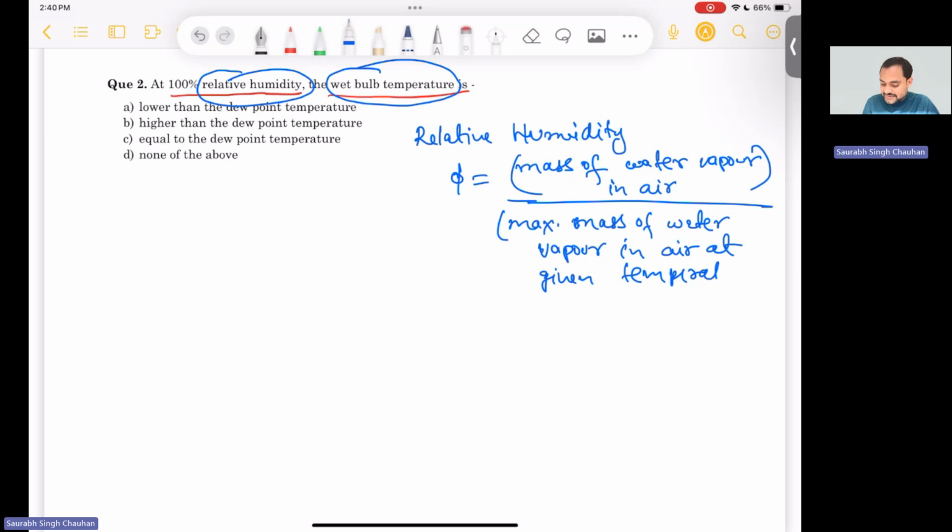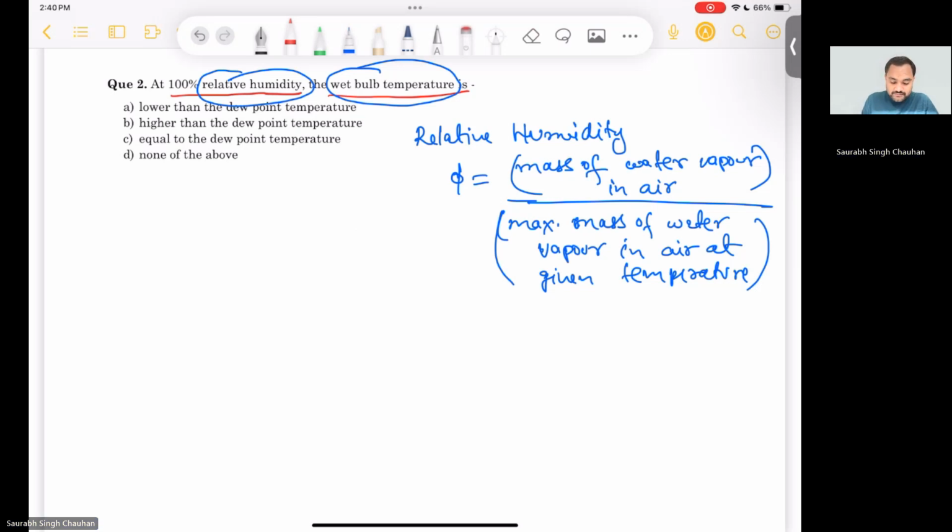So at a given temperature there will be some maximum mass that you can put in dry air, but the actual mass of water vapor will be lesser than that. So this ratio is called relative humidity.